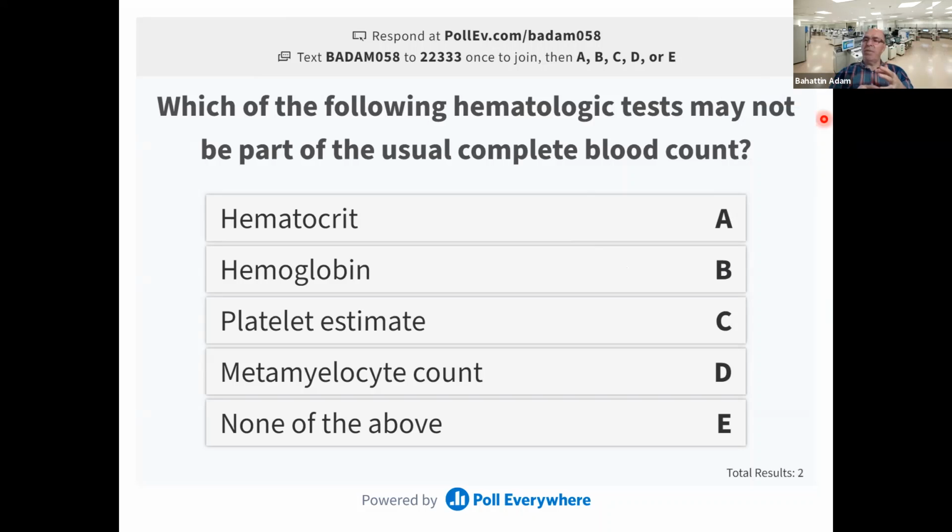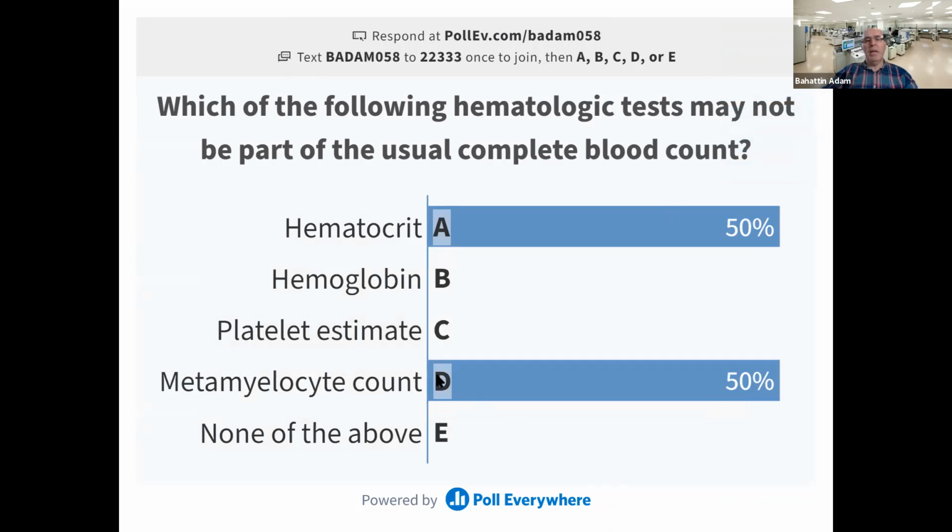The number of the erythrocytes, the number of the white blood cells, the number of the reticulocytes are included in CBC. Now, let's see. D is the correct one. Metamyelocytes are not seen in peripheral blood, in the circulation.